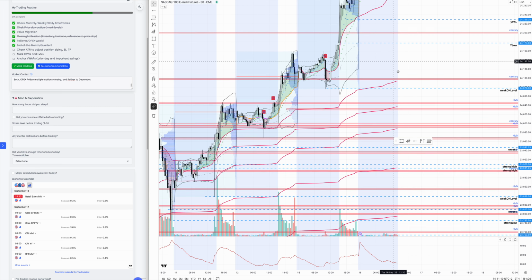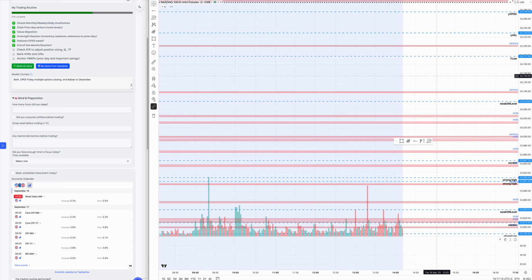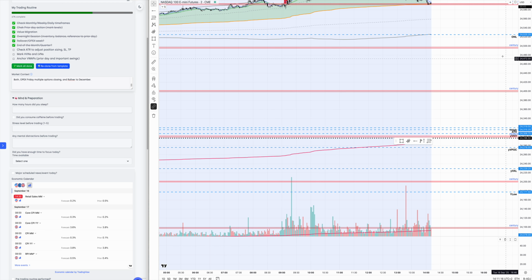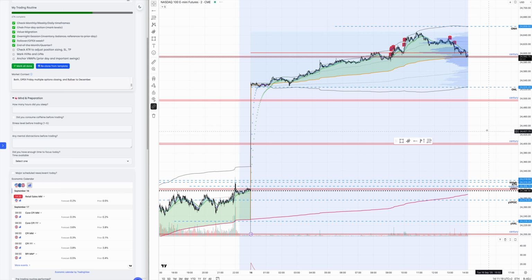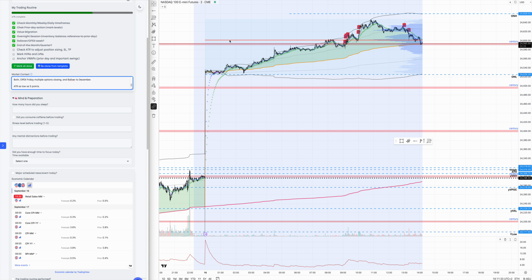Okay, and I would say ATR, I take it in the 2 minutes, which is my trading chart. Basically, I keep it in the 2 minutes, so it's 5. So ATR as low as 5 points for the overnight.